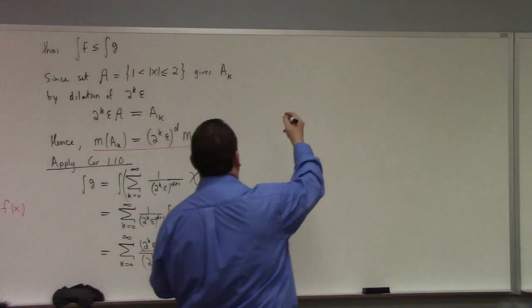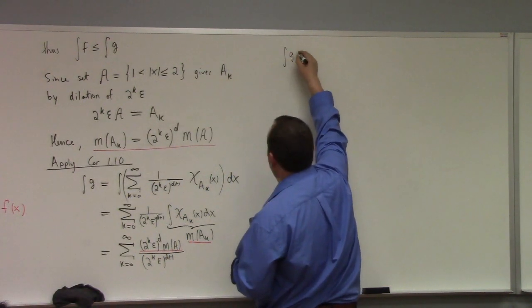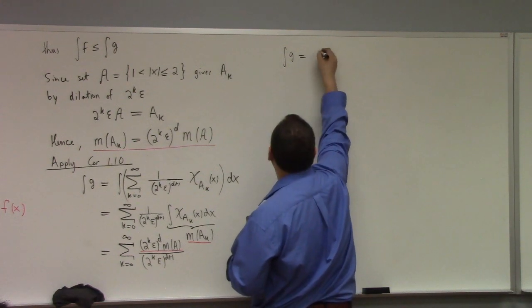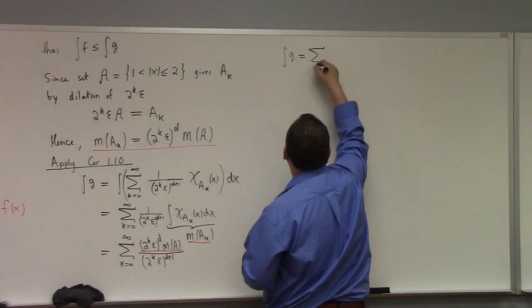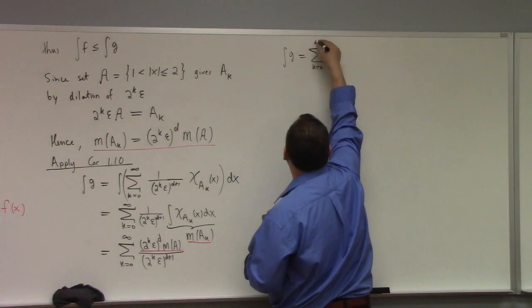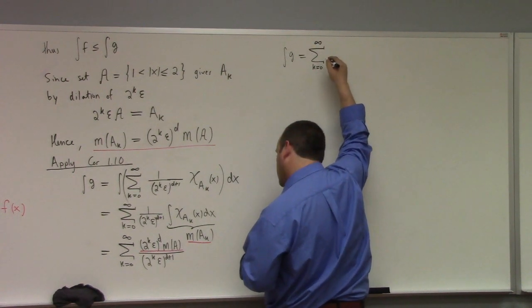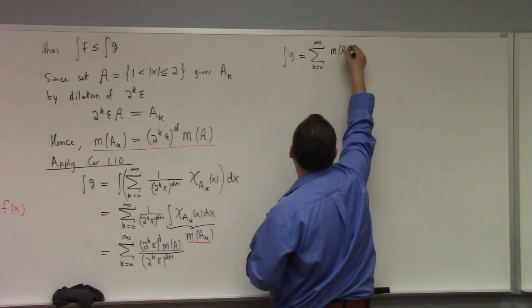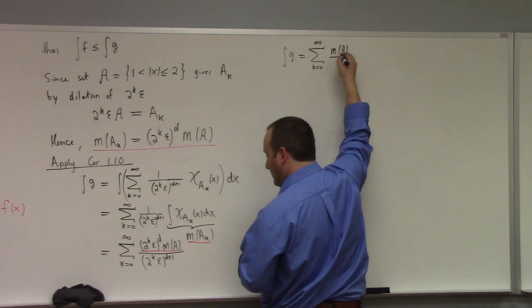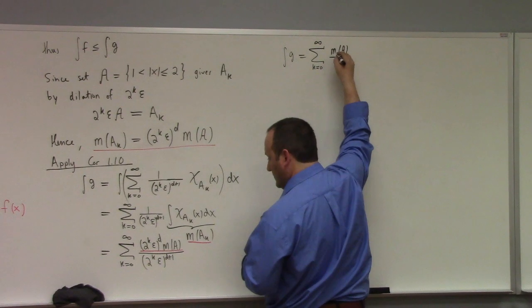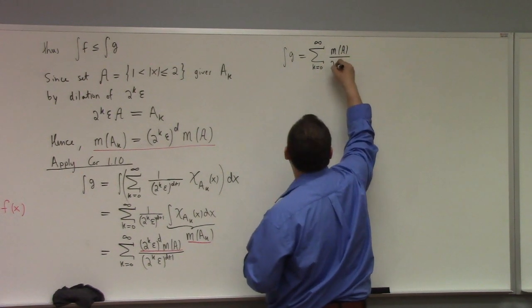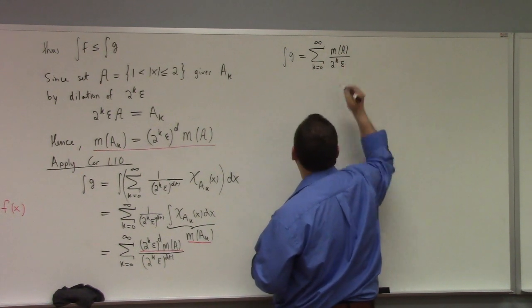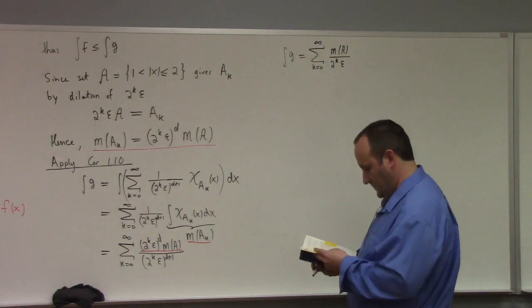We get that the integral of g is actually equal to the summation k equals 0 to infinity of the measure of A divided by what? Yeah, 2^k epsilon. All right, great.